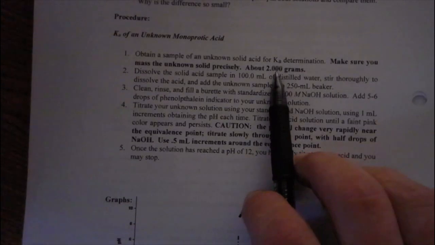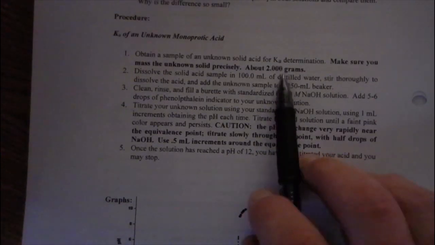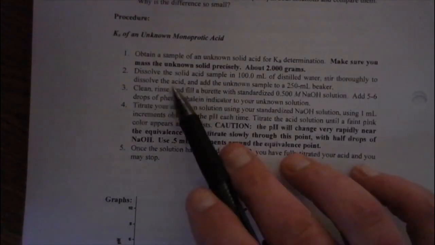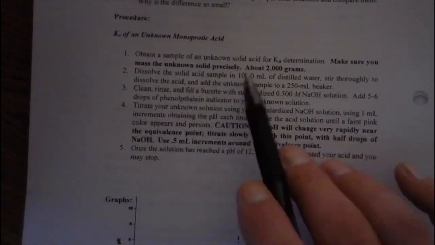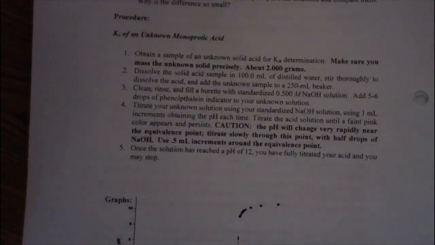A particular acid just doesn't work well. If I tell you to change this to 1 gram, that may be needed. You need to make sure you know the mass of the unknown solid precisely. You need to dissolve the acid in exactly 100 milliliters of solution. Why is that important? Because that will allow us to get the molarity, yes? Yes.